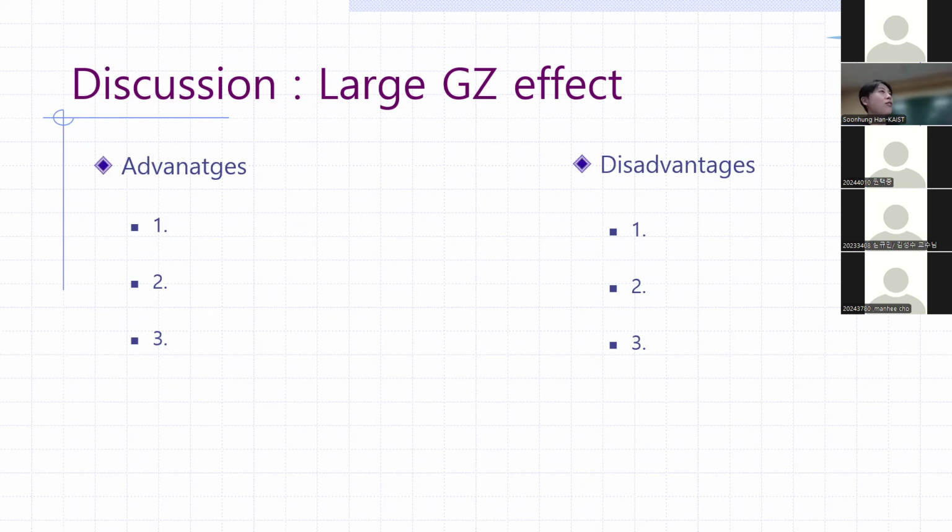As for the disadvantage, the ship has weak dynamic stability, so a slight motion on the ship might cause big tumbling, so passengers might feel uncomfortable.